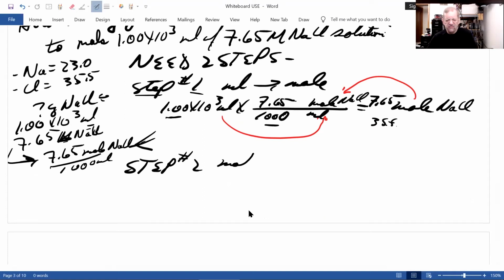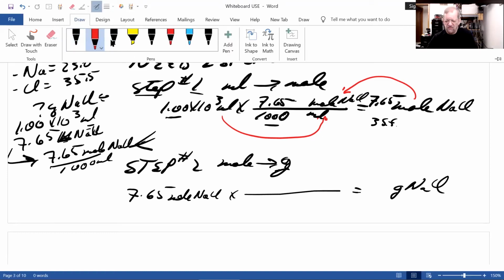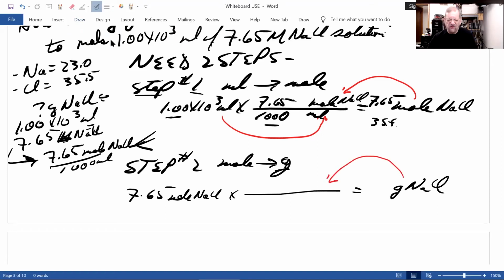I'll go moles to grams. And here I have 7.65 moles sodium chloride. I want to go to grams of sodium chloride. I use my good friend, unit analysis. Whatever I'm trying to get to goes on top of the ratio. I'm getting ahead of myself. Slow down, Dr. White. And whatever you're trying to get rid of goes underneath. I can do that.